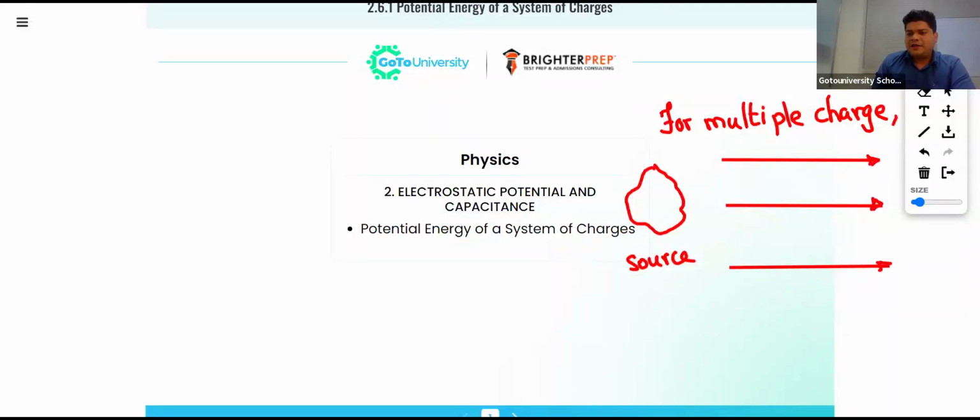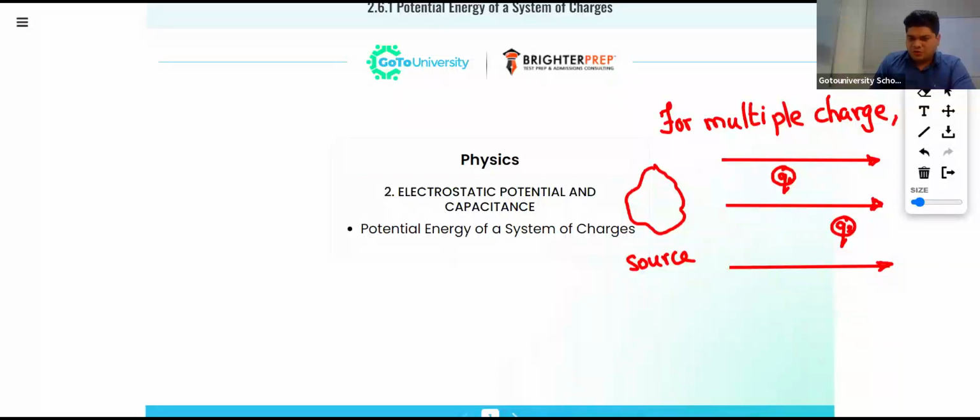In this electric field, we have two charges. We'll name them charge Q1 and charge Q2.